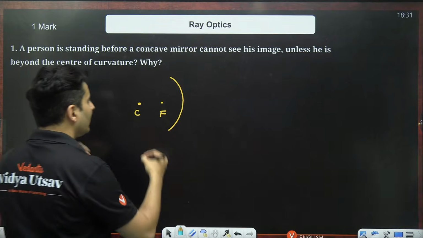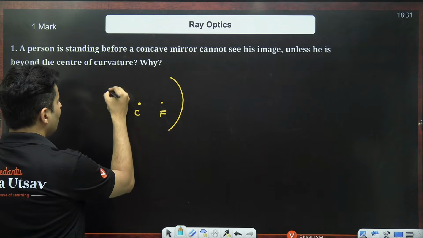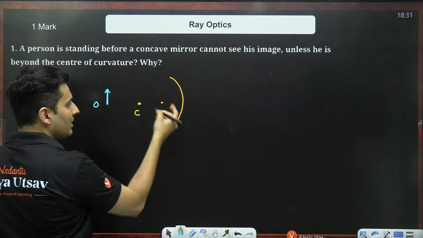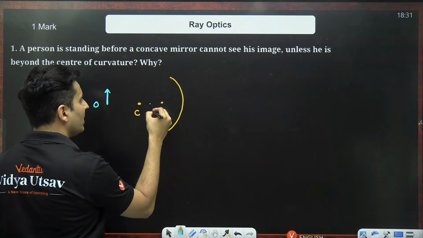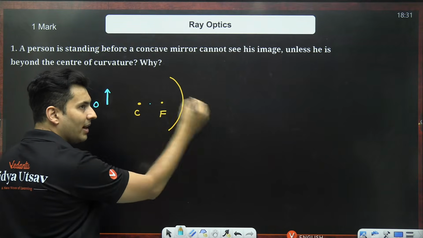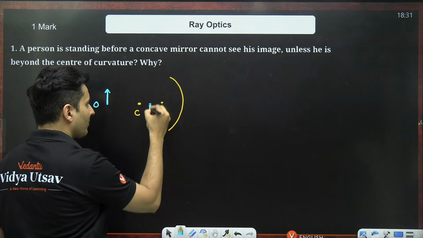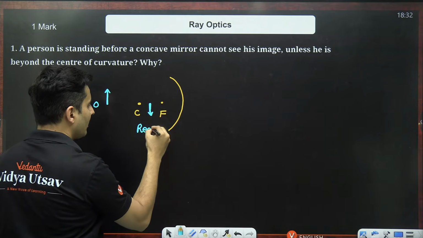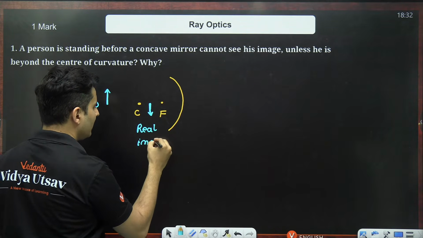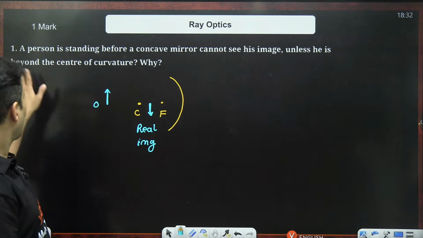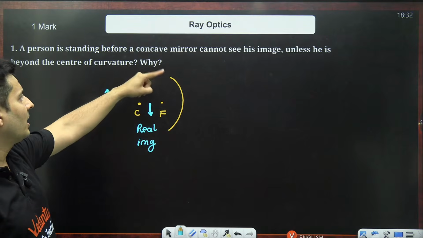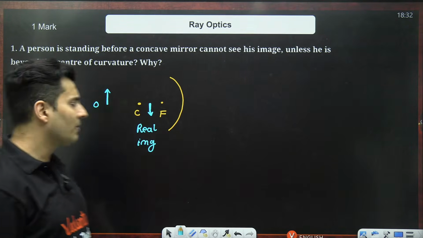What is the reason for that? If you remember, if your object is here, then where is the image formed? The image is formed after the reflection somewhere in between. Now this is basically a real image. A person standing before a concave mirror cannot see his image unless he is beyond the center of curvature.